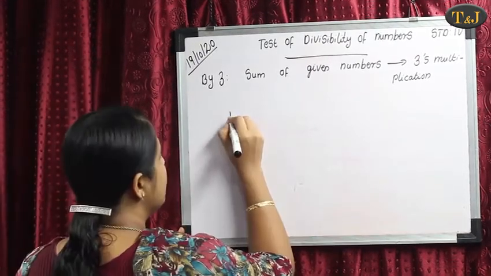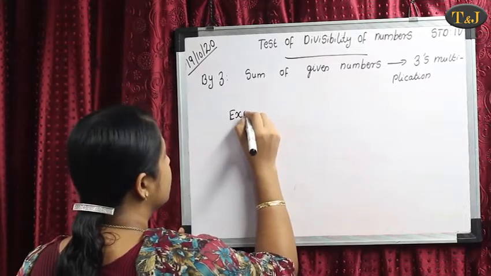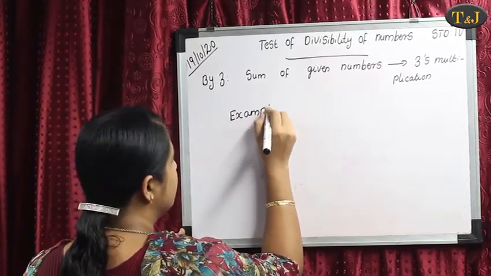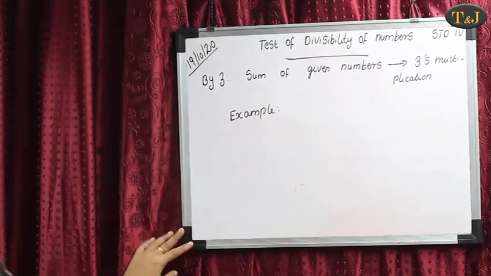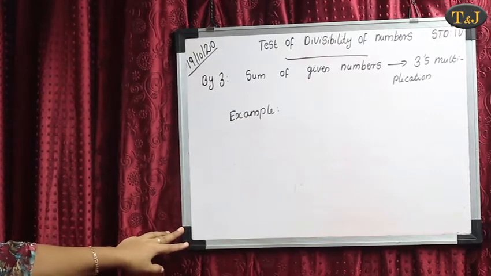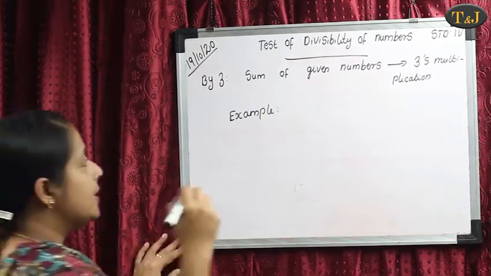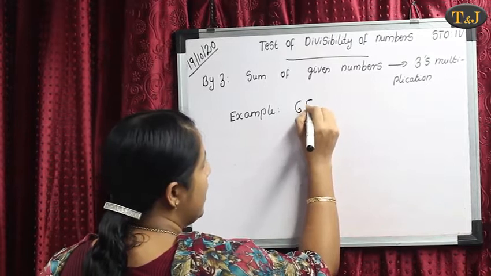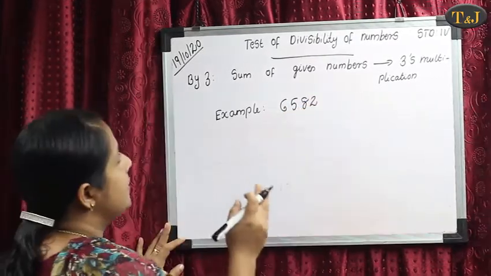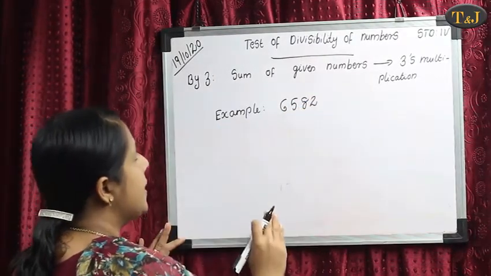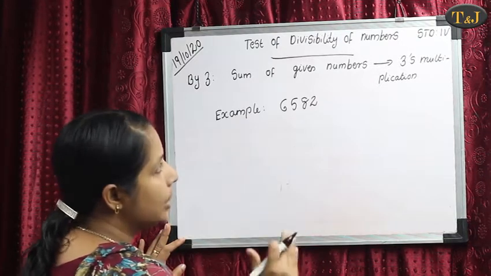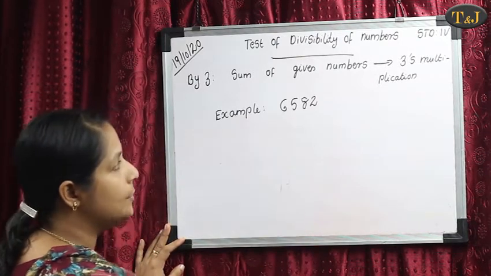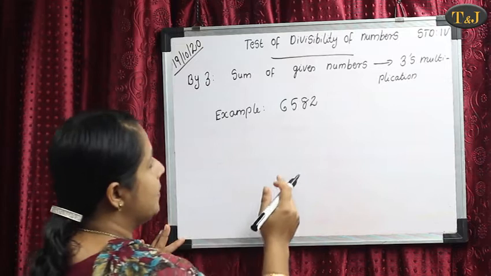Our first example. Consider the number 6582. By the test of divisibility of 3, if the sum of the digits is included in 3's table, the number is divisible by 3.